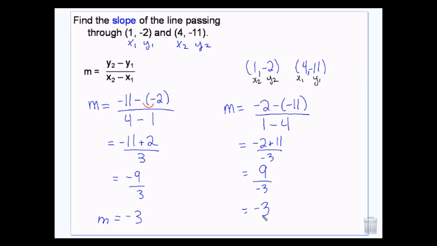It doesn't matter which set of points is the ones and which set is the 2s. The only thing you cannot mess up is that you can't put a 1 and a 2 in the same parentheses. Because I can't say negative 11 minus negative 2 over 1 minus 4.